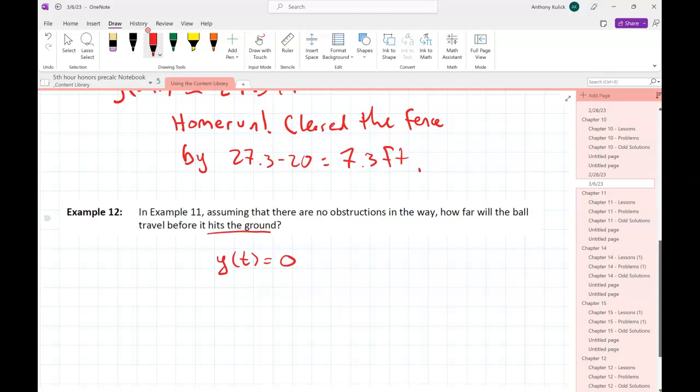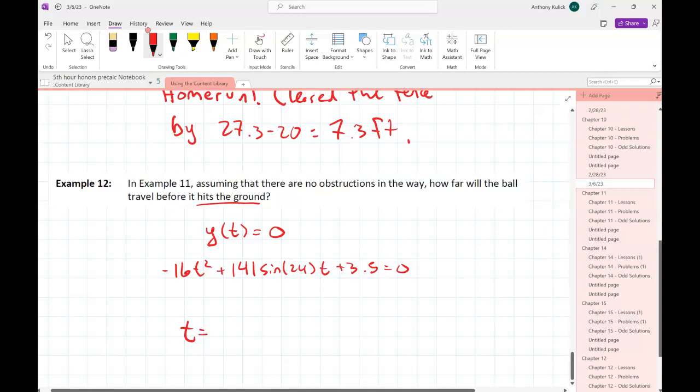That means the height should be 0, right? How do I solve an equation like this for 0? It's a last year question, guys. It's making me a little nervous that nobody's blurted out the answer yet. Quadratic formula, right? Okay, who remembers the equation for the quadratic formula?